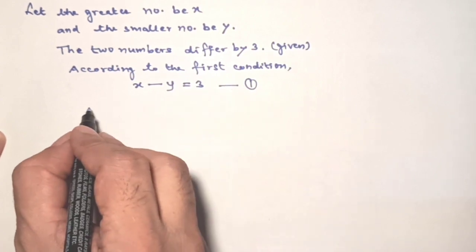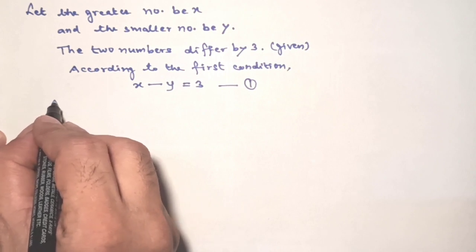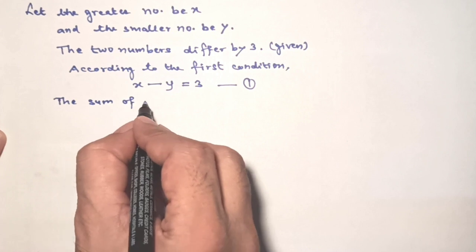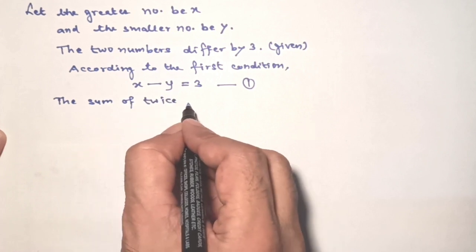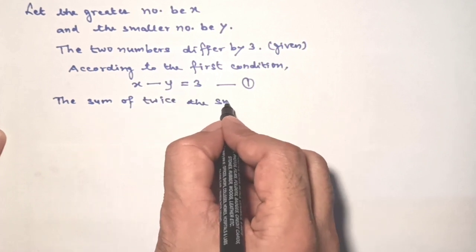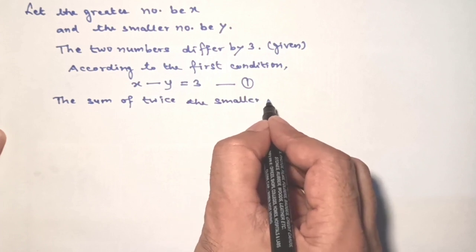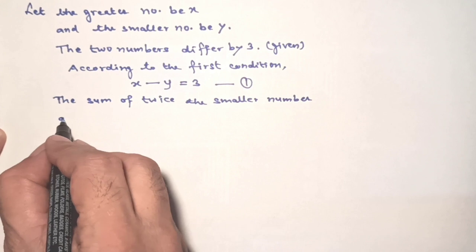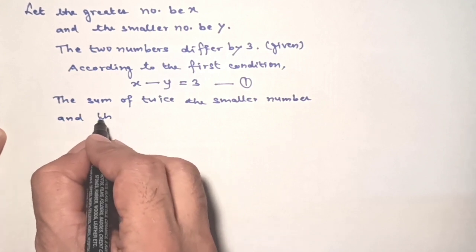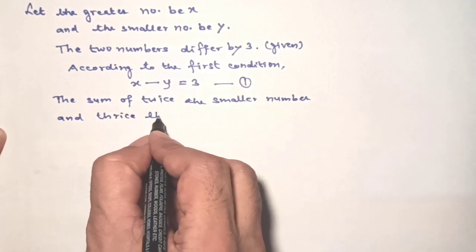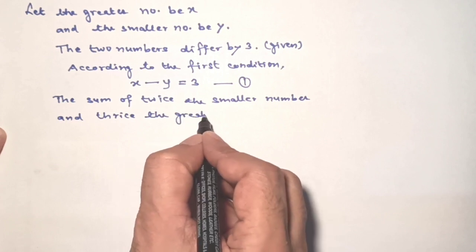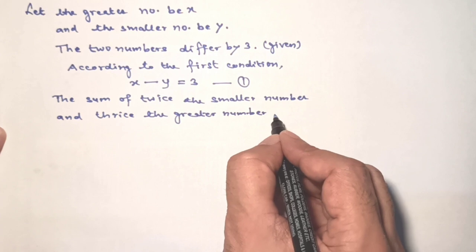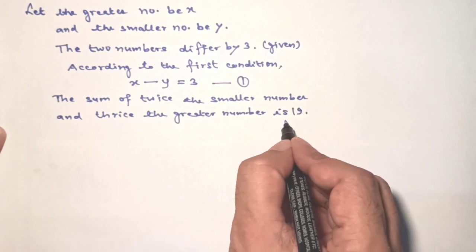Go for the second condition. It's given that the sum of twice the smaller number and thrice the greater number is 19.